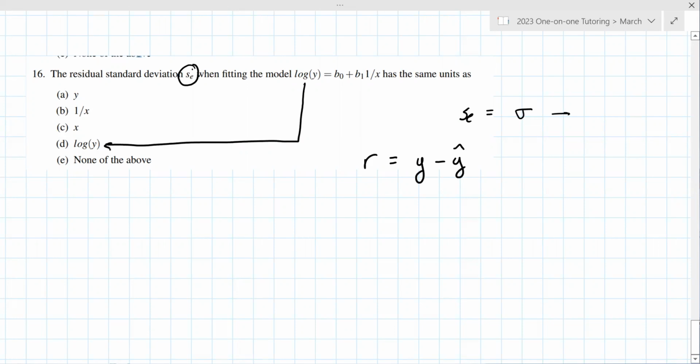I have written down on my notes y minus y hat with an arrow pointing to it saying same units. The reason I brought up the standard error is just as a reminder that it comes from something. In this case, it's kind of deceptive because it's saying residual standard deviation, but it's really the residual that we're measuring for that.